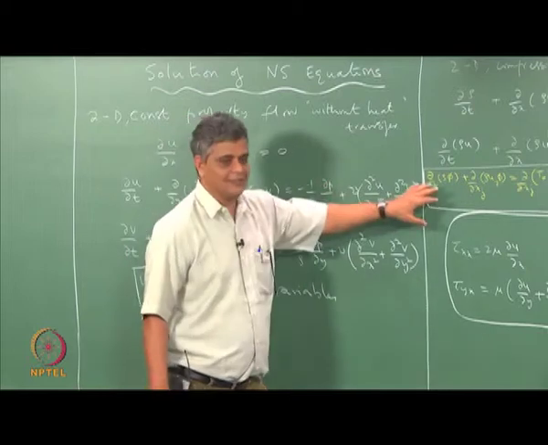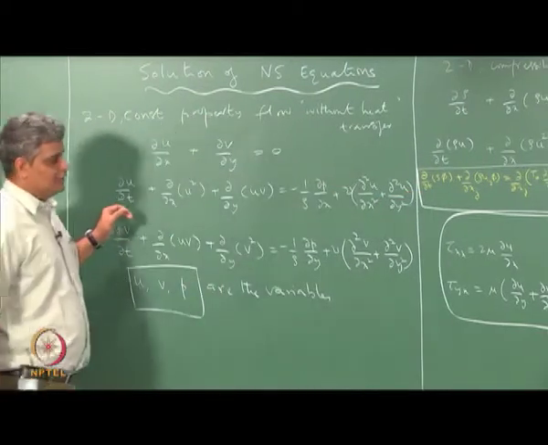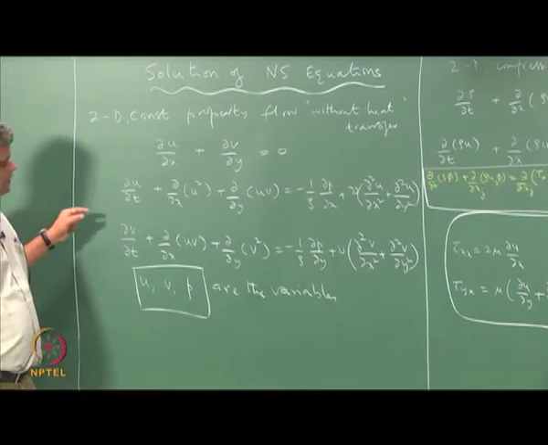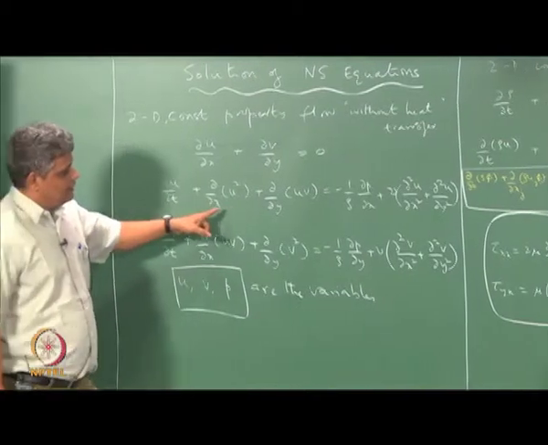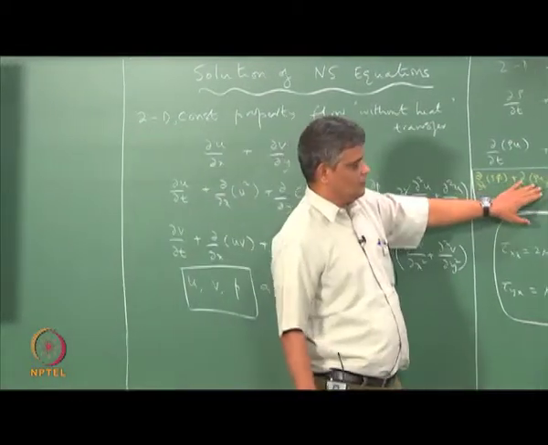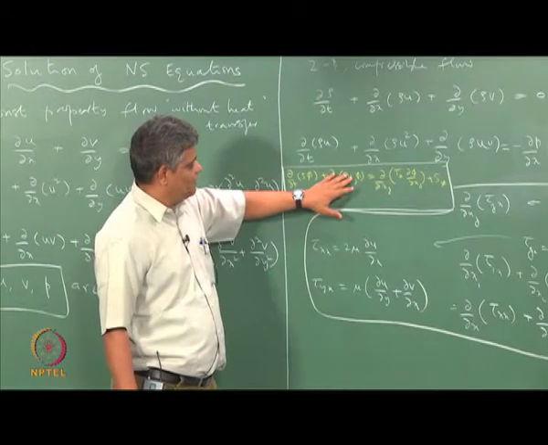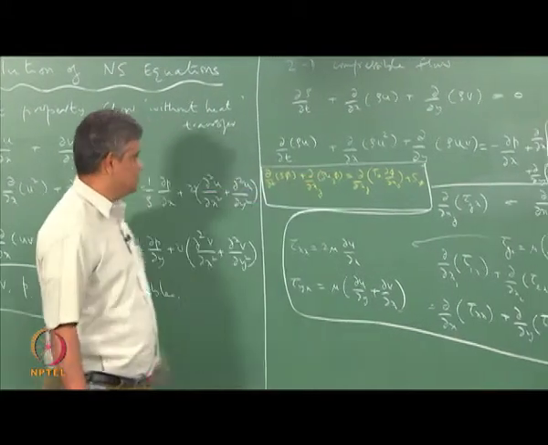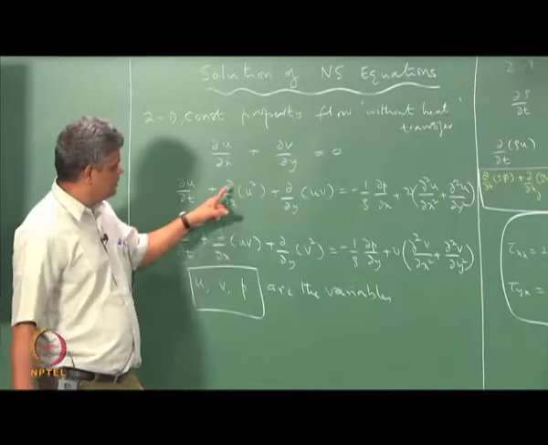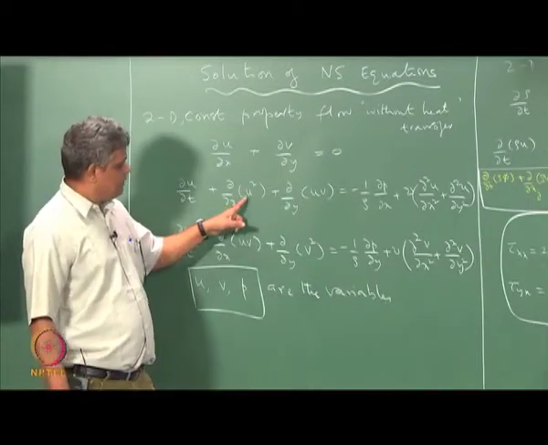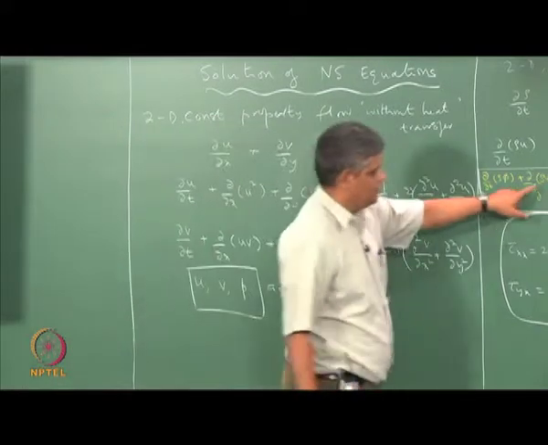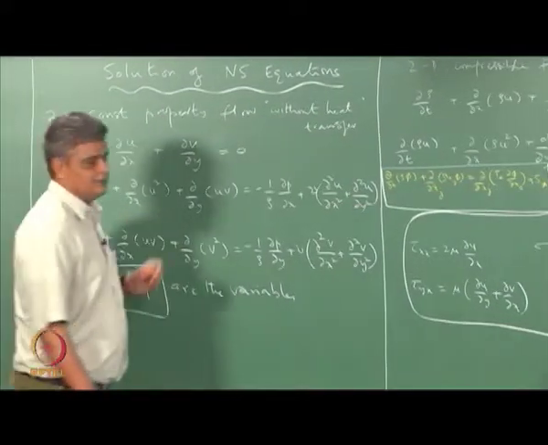So this looks like this, but it is not quite the same, because in this case we are looking at some kind of linearized thing, where velocity is known and φ is the variable. Here, when you look at ∂/∂x of u², one u corresponds to this u here and the other u corresponds to φ.